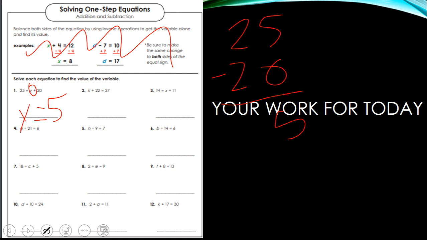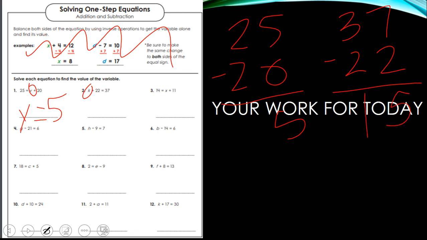For number 2, I'm looking at k, and then it's 22 and 37. So I need to find out what number do I add to 22 to equal 37. So I have 37 as my biggest number, subtracting 22. So again, I'm going to go 7, take away 2 is 5, and 3 take away 1 is 1.